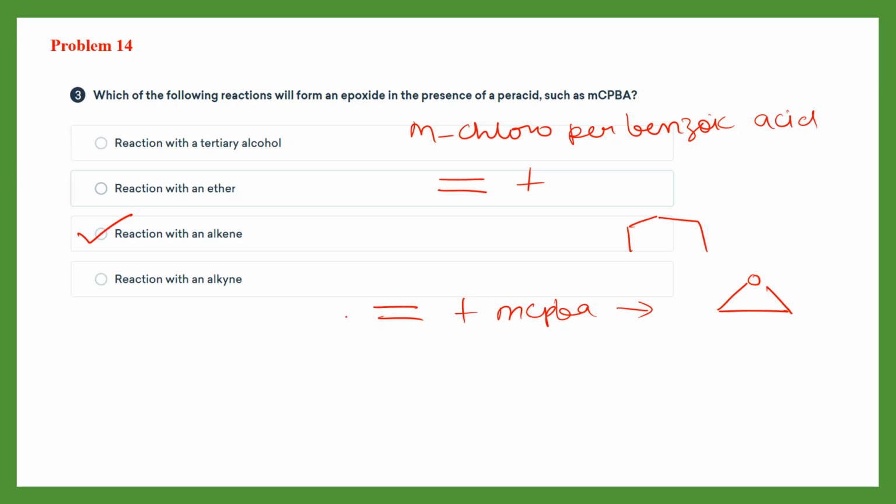So it was a simple question, but you should know the mechanism for this. For the mechanism, I am giving you a hint. You have to draw, but let me give you a hint how to draw.